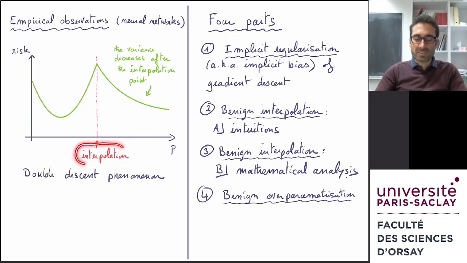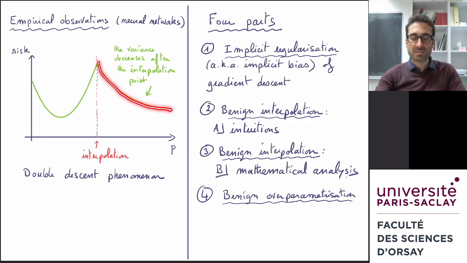But beyond the interpolation point, when they interpolate and add more and more complexity to the model, which in neural networks means more and more neurons and more layers, they observe that there is this descent and the variance decreases beyond the interpolation point.